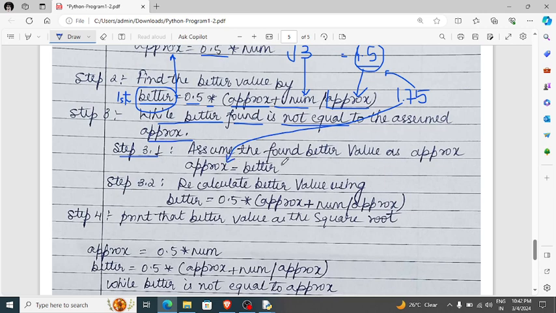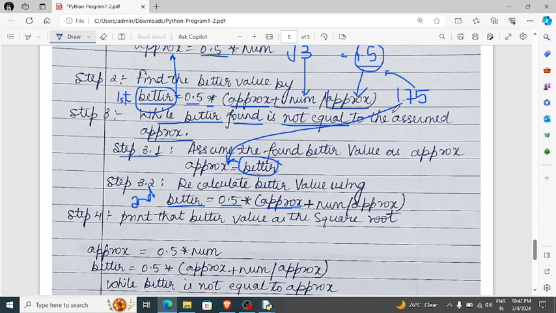That is what they've said: the better becomes your approximate value, and then you find the better value. So now for the second iteration, better is equal to 0.5 into approximate plus number, that is 3, which remains the same here, divided by approximate.